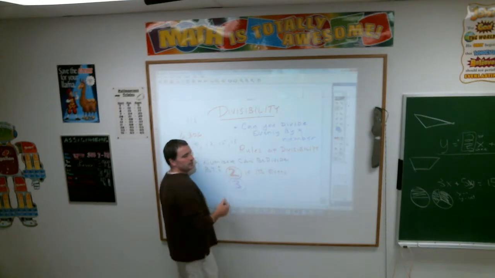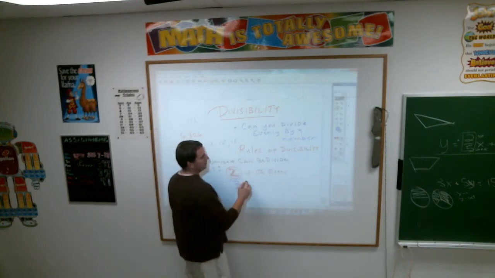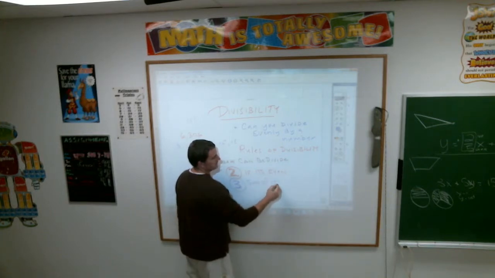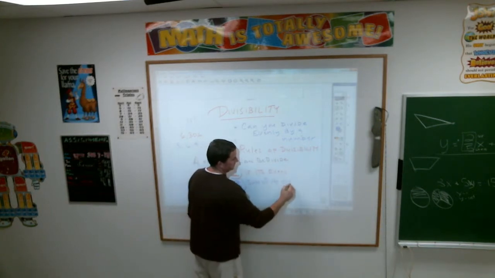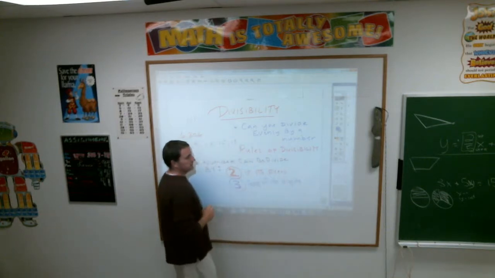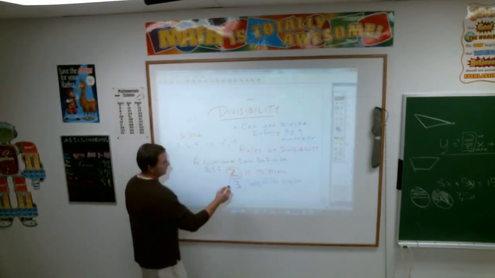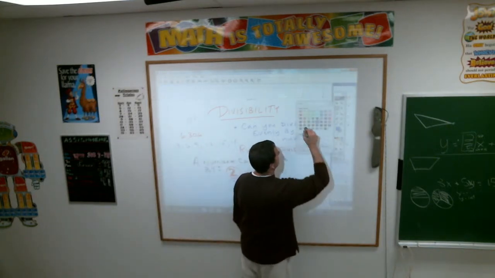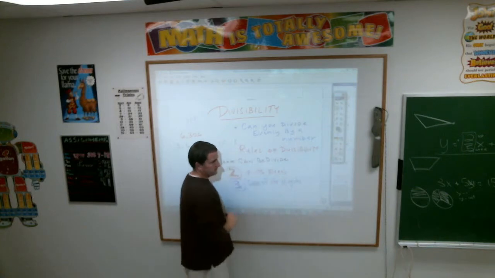To find out if it's divisible by 3, we use a rule that we call the sum of its digits, which will mean absolutely, positively nothing to you until we explain what that means.